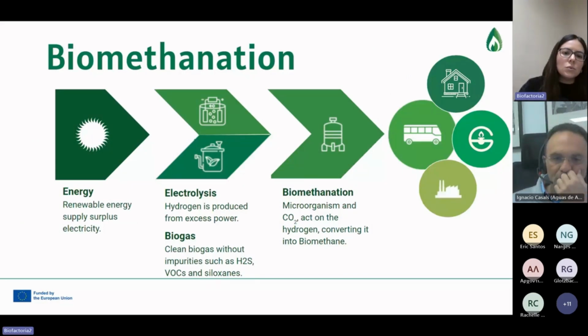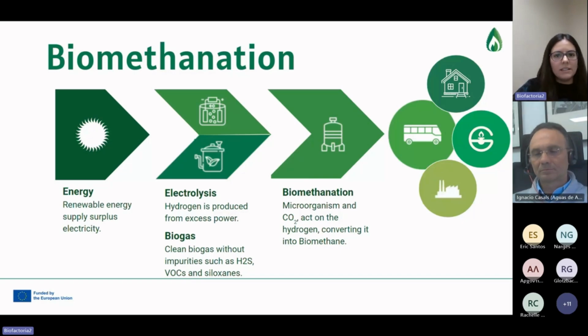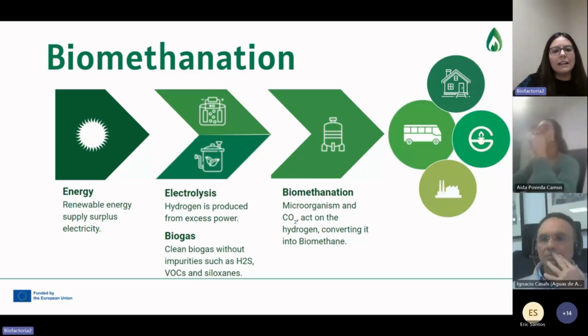The process begins with the pre-treatment of the biogas stream produced by the anaerobic digestion of the wastewater treatment plant sludge. To remove contaminants such as hydrogen sulfide, volatile organic compounds, and siloxanes, we need to ensure that we have a clean biogas for the feed. This purified biogas is then introduced in the reactor where it's mixed with the hydrogen gas.